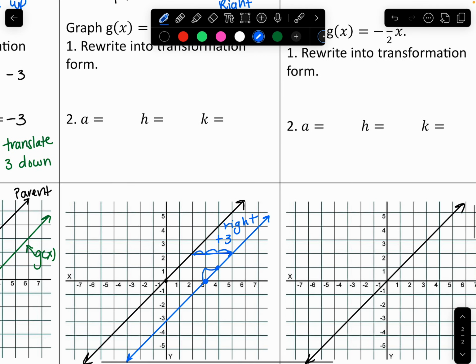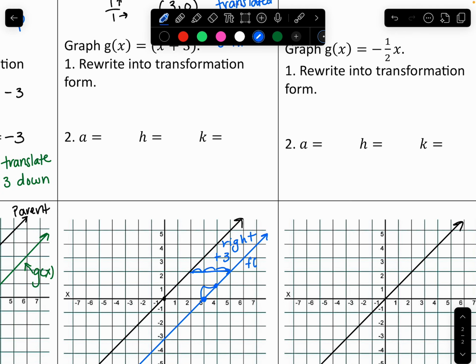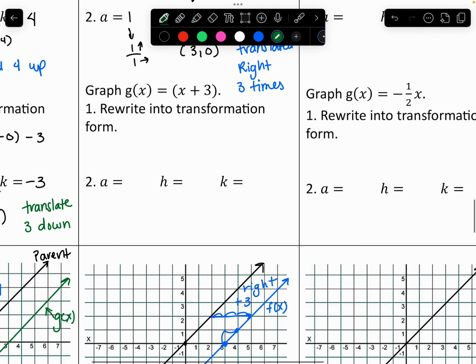Can you predict the second one? So this is f of x. Now let's do green for g of x. So let's write into transformation form. Same as the other one, x plus 3 plus 0 because there's no k. Now a equals 1, h.